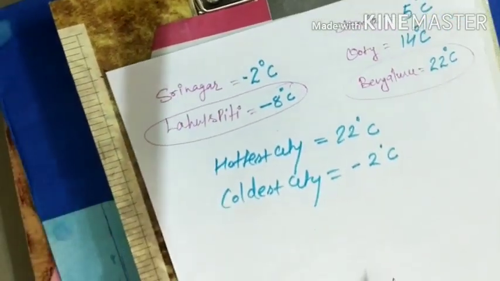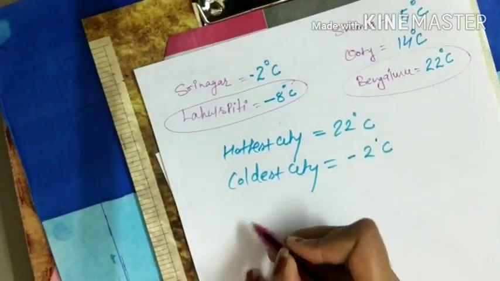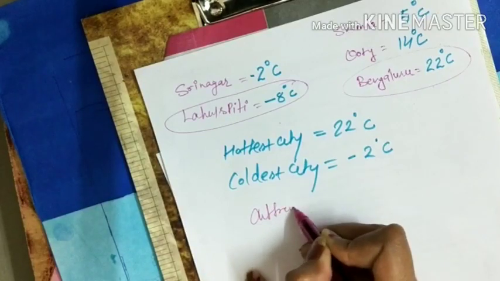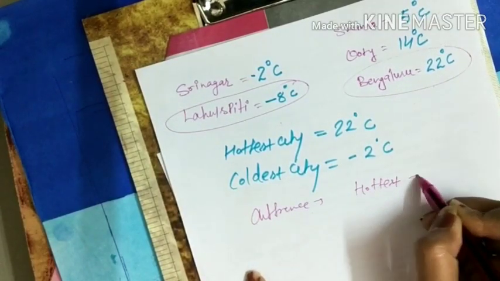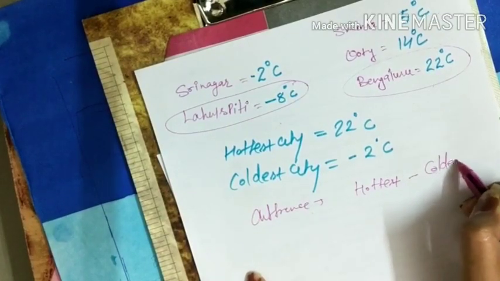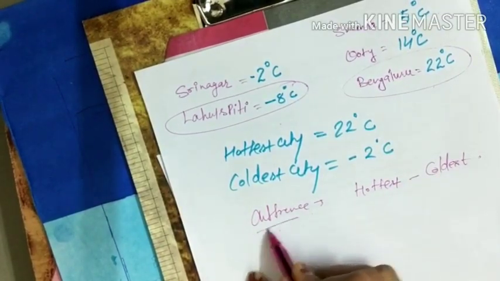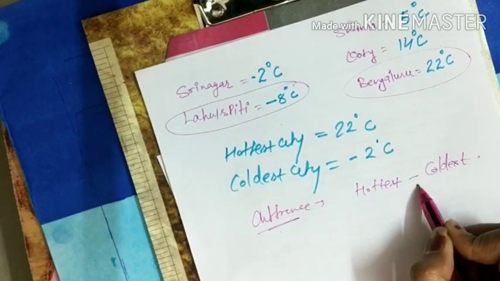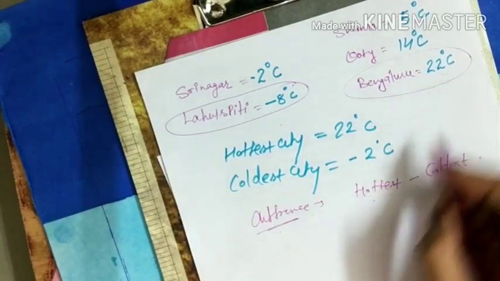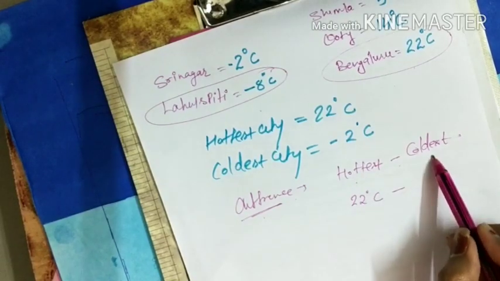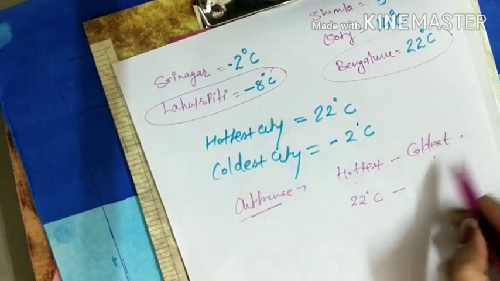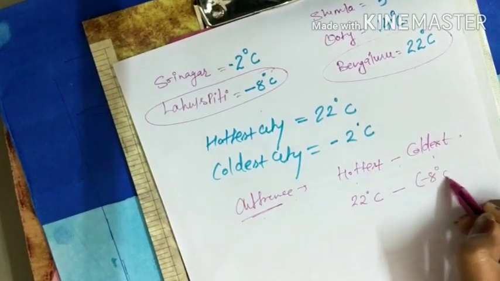Now what we have to find: the difference between the hottest and coldest city. Difference means, children, we have to subtract. Hottest city, what is the temperature? 22 degrees Celsius. Coldest city, what is the temperature? -8 degrees Celsius.